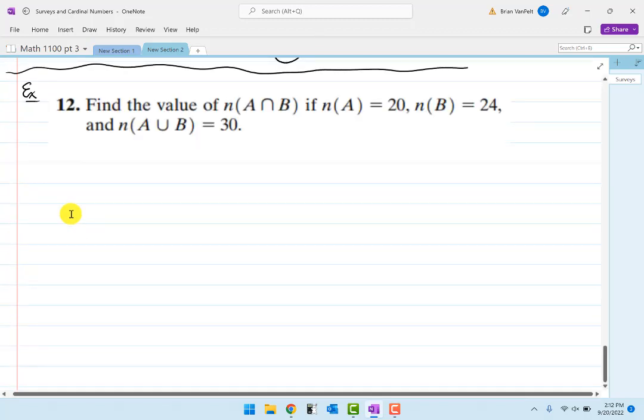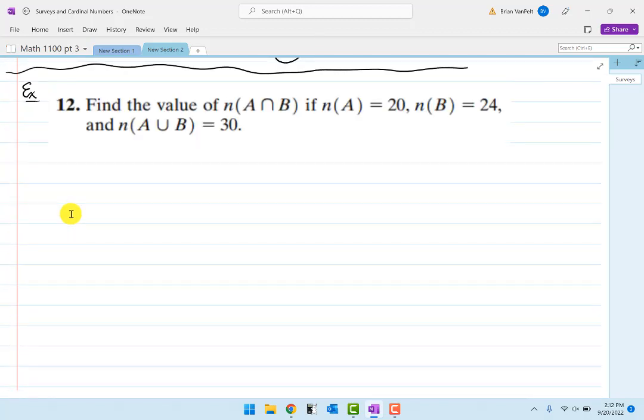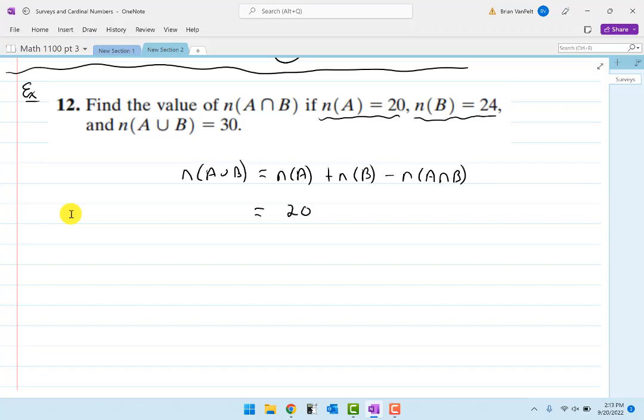This example is a little bit different. They're asking us to find the intersection this time, the size of it. So once again, I'll write my formula and I'll fill out what I know, and then whatever is left is what I'm being asked to solve for. So what was the size of A? That was 20. What about the size of B?